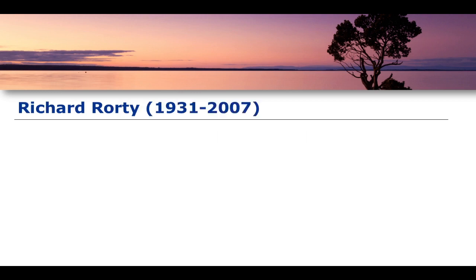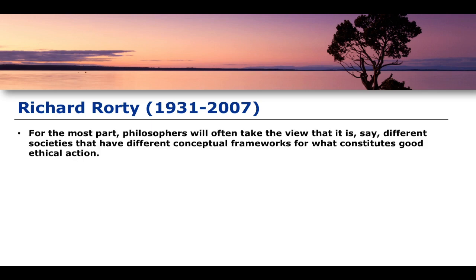And this does bring us to a very modern philosopher called Richard Rorty, who died only very recently, in fact. For the most part, philosophers will often take the view that it is different societies that have conceptual frameworks for what constitutes good ethical action.